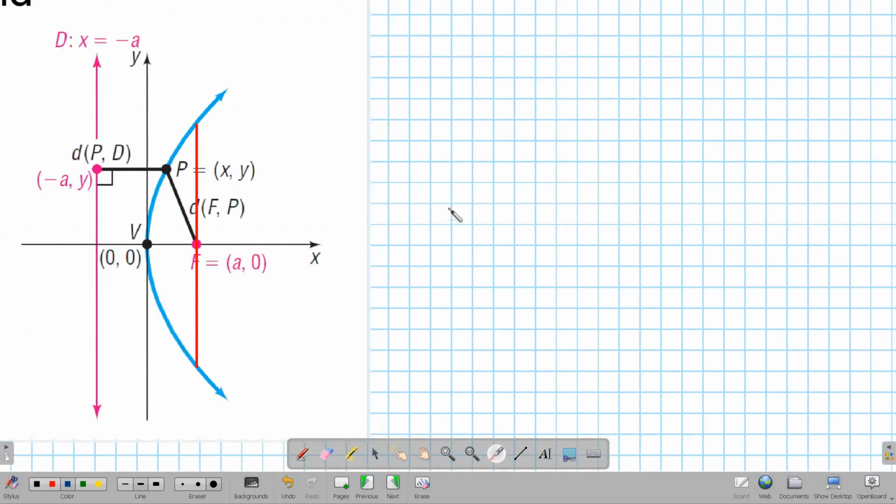Now, let's go to the different parts of the parabola that are usually requested of us to look for. First and foremost, the most obvious of the parts of the parabola based on its equation in standard form would be your vertex, which is either at 0, 0 or at h, k, depending on the equation that you have. After figuring out the vertex, the next thing that we can do is figure out the value of a from 4a.